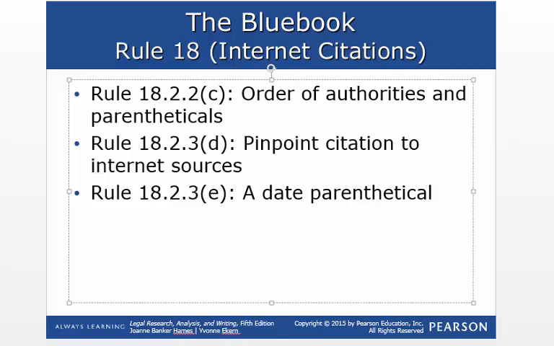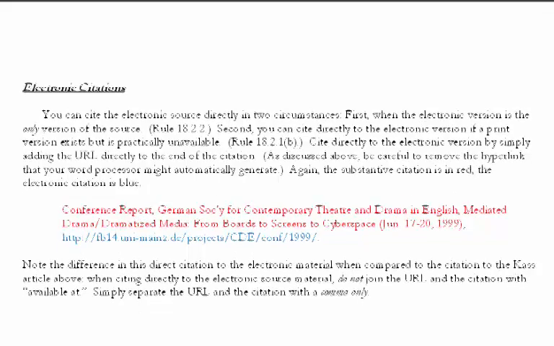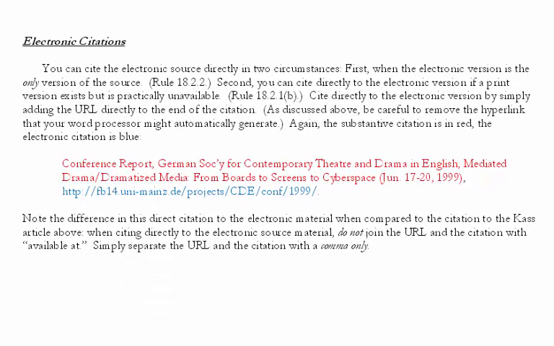Should we keep going? Let's go for a little bit more. We've got a couple more minutes. Let me see if we can do 18.23. Here's a good example of 18.22, which, okay, so this is not a pinpoint cite.